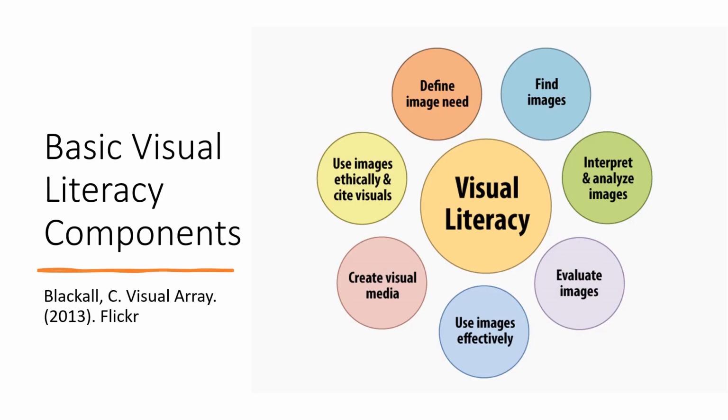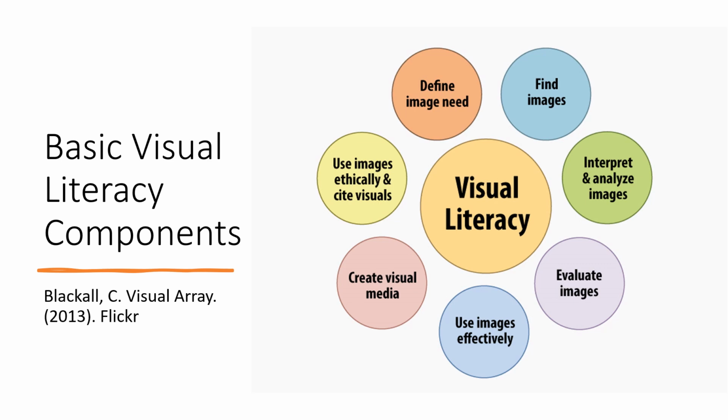So I really love this image. It is by Blackall, and it's considered a visual array. You can find it on Flickr. It's in a lot of textbooks about visual literacy and regular literacy as well. Many times there are chapters, but it's called Basic Visual Literacy Components. And so at the heart of it, we can see that visual literacy, and if we look at that exterior ring, it comes in many shapes and sizes.